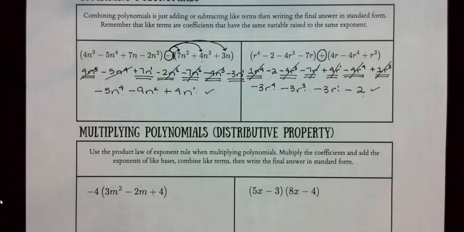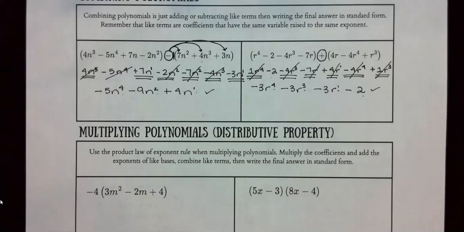Okay, so remember that we're looking at the same variable, but they have to have the same exponent for me to actually put them together. So one of the things that I do want to point out before I go to the next video is that when you see 2 sets of parentheses, our mind automatically tells us we probably need to multiply. And that's going to be the case when we multiply polynomials.